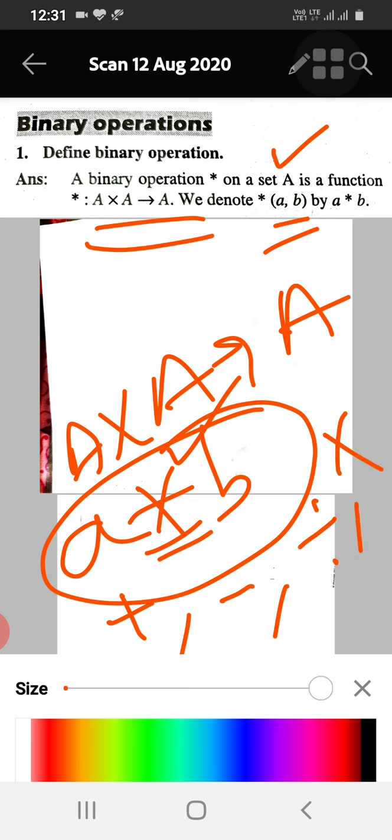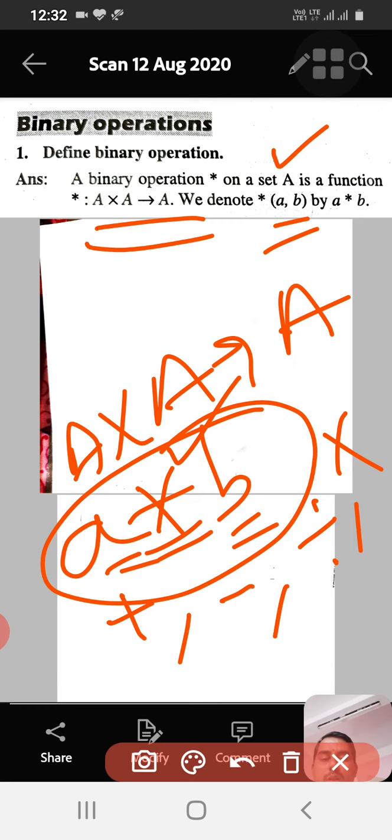It may be addition, subtraction, division or multiplication. It depends upon the problem. So in this video I have shown you through some examples, by taking the natural number set, how to verify whether it is binary or not. Similarly we can extend this theory for other sets also.